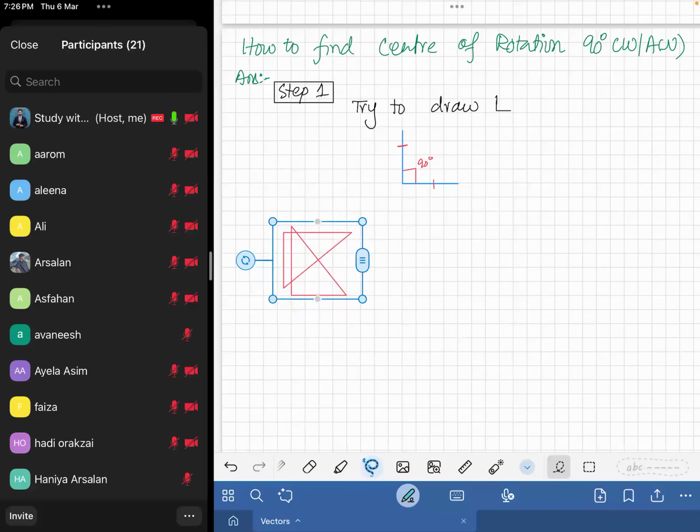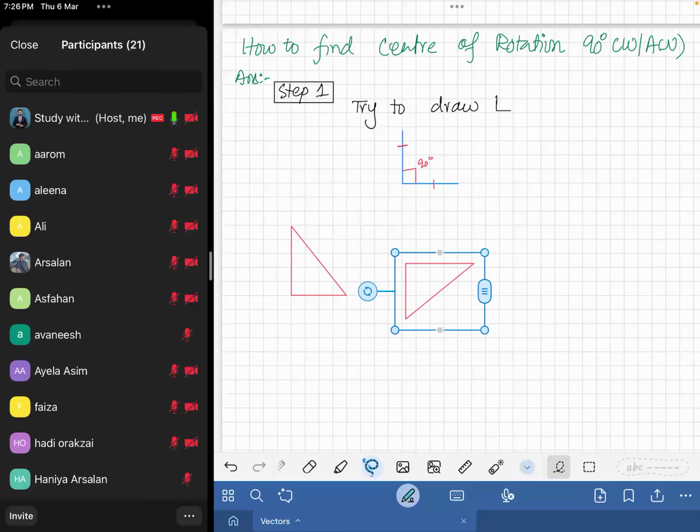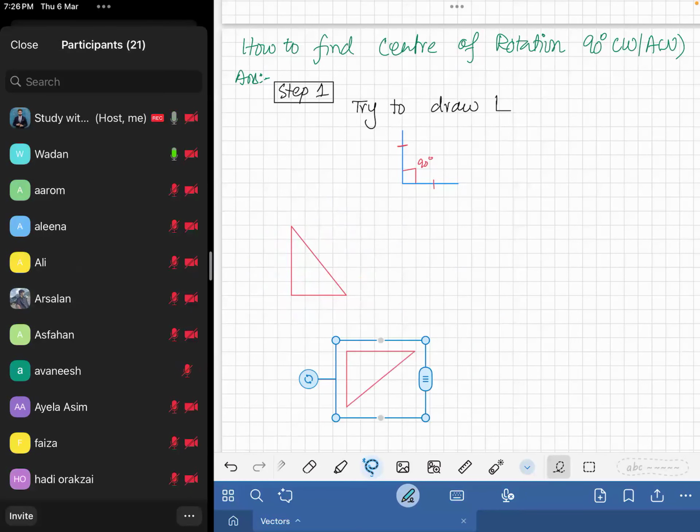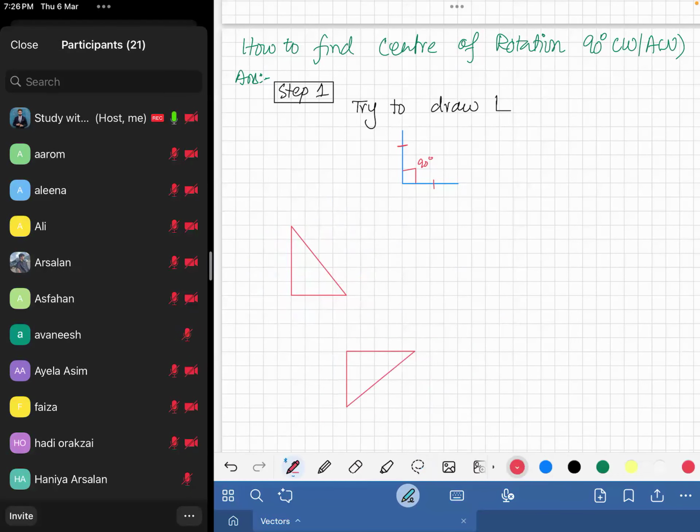Agree or not? Yes. So I'm not placing the shape here, I'm placing the shape somewhere here. Any problem? No, sir. You can see that the two shapes are rotated in front of you.